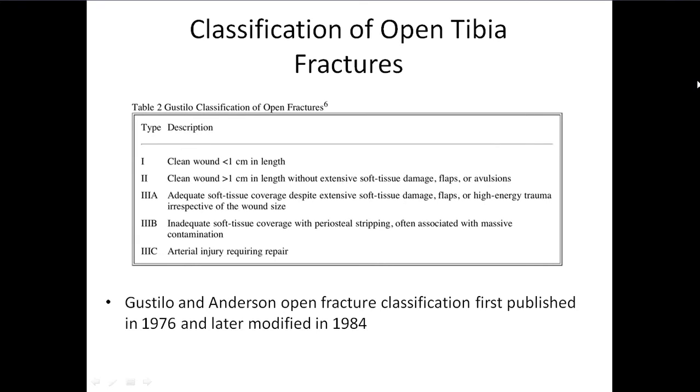Type 1 is a clean wound less than 1 centimeter in length. In the Gustilo-Anderson classification, the parameters taken are wound size, contamination of the wound, whether, if the bone is exposed, adequate soft tissue coverage is possible later or not, as well as periosteal stripping and injury to arteries or other blood vessels.